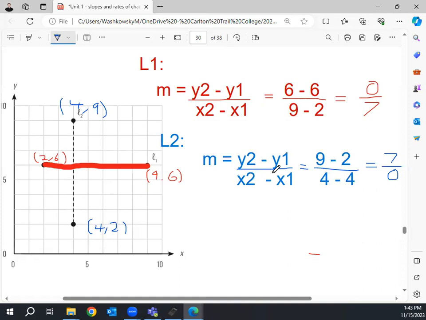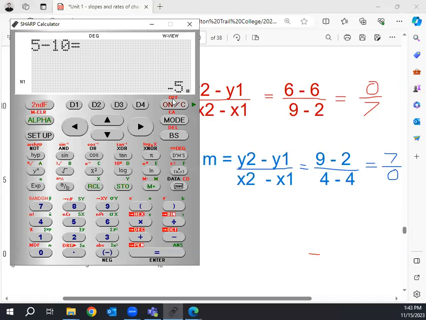Now, you're going to need your calculator here. I want to put those fractions in our calculator. So go to the first one here. Just put 0/7. So just use your fraction button. That's the AP. This is technically 0 divided by 7, right? So 0/7. What's going to happen if I press enter here?